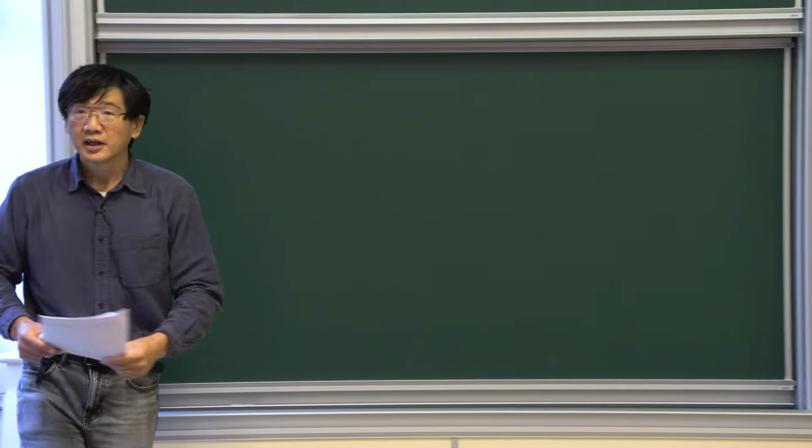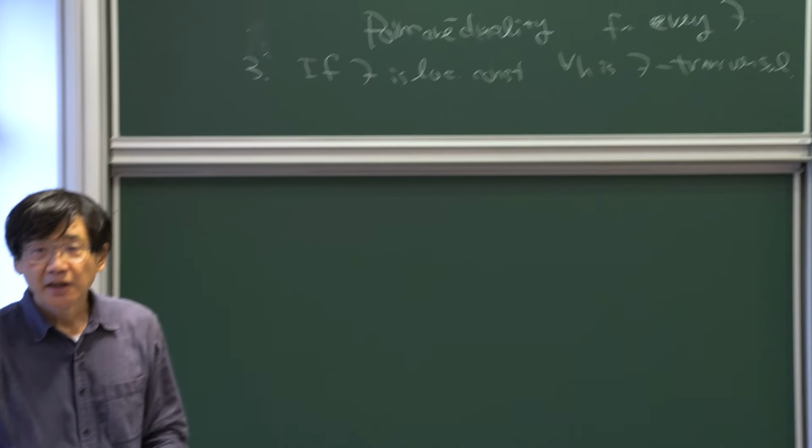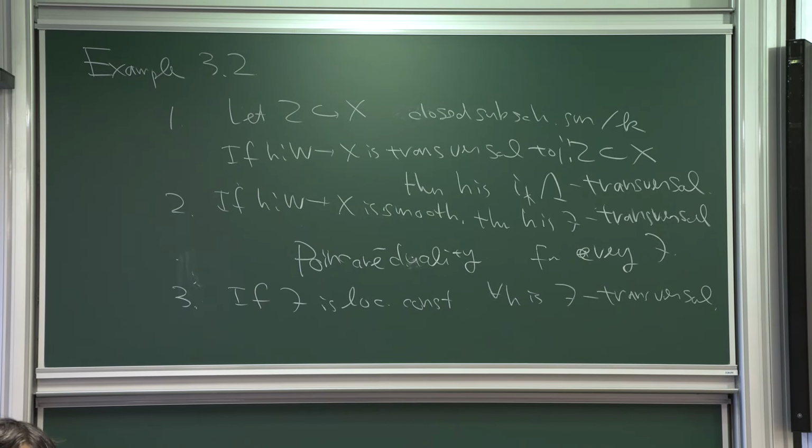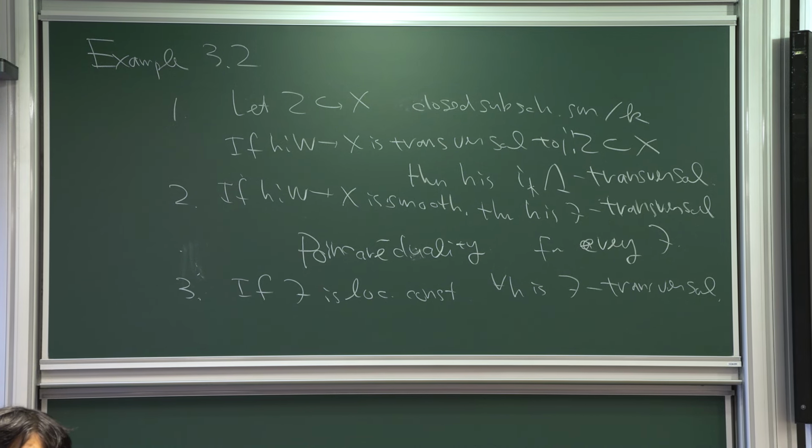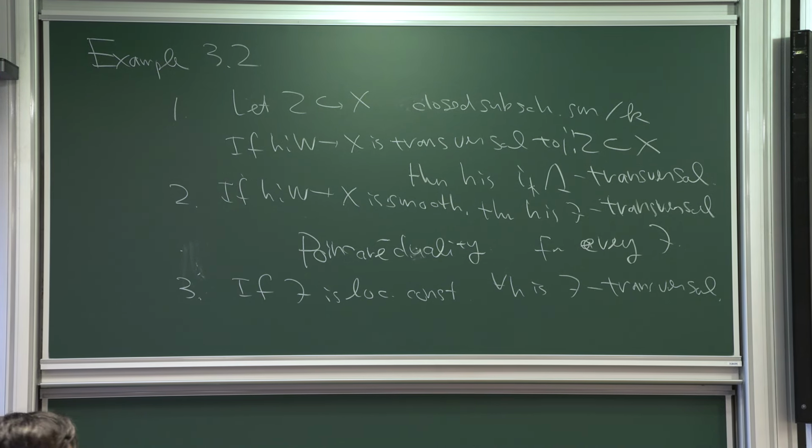May I ask a question? So if you have H and F, for H is F transversal, and then you do a pullback, does the upper shriek commute with the pullback? Like upper shriek, upper star, upper star, upper shriek?